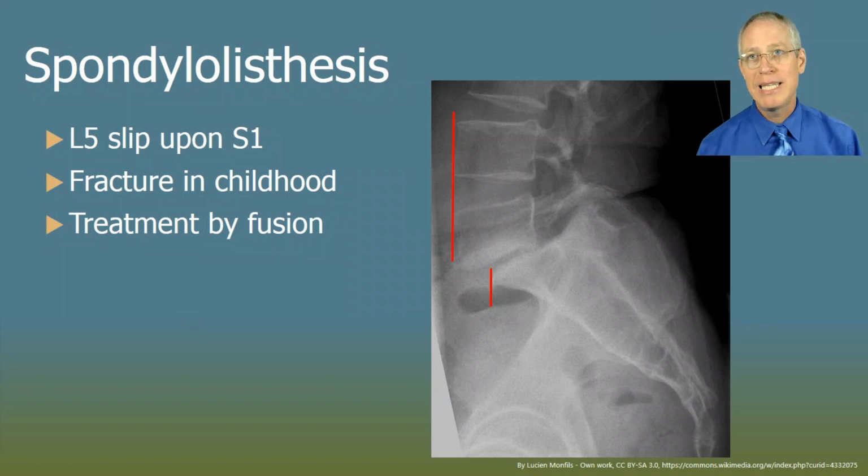Now, spondylolisthesis is kind of an interesting condition wherein the L5 vertebra slips forward in relation to the sacral 1 vertebrae here. So I've drawn a line here in front of L4 and L5, and you can see they more or less line up. L3 is right there as well. Nice parallel, and then all of a sudden it just drops off like an overhang of a cliff back to here, and here's the sacrum.